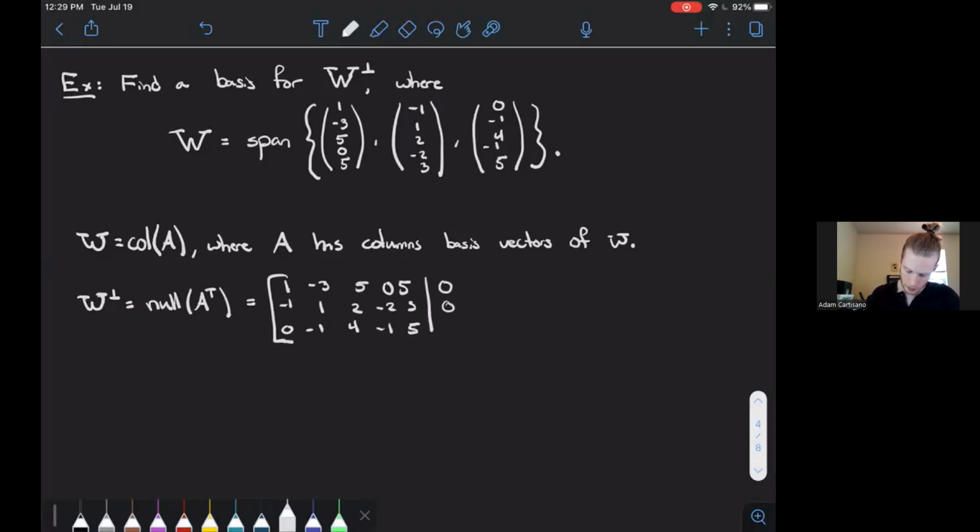Take that, augment with the 0 vector, row reduce. The book works this out for us, thankfully, but on an exam or on the homework, you just row reduce. We're going to end up with two free variables. The last two columns will be 3, 1, 0 and 4, 3, 2.